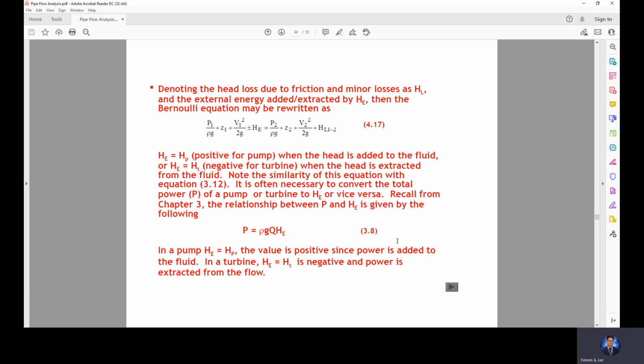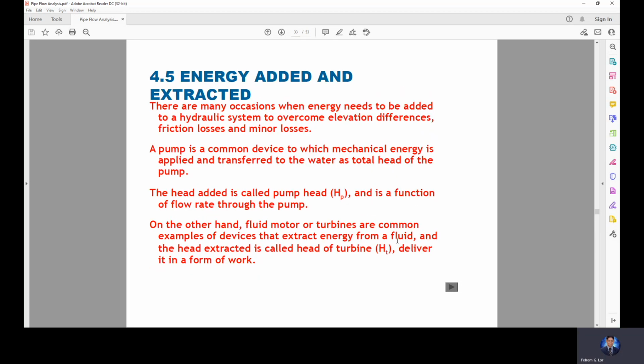Okay. So, energy added and extracted. So, as I've said, there is a situation when you need to add energy through your pipe system. So, kung mag-add kag energy, it will be a form of mechanical energy. Actually, pump na siya. Then, electric energy will be added to your pump or will be activated to your pump.